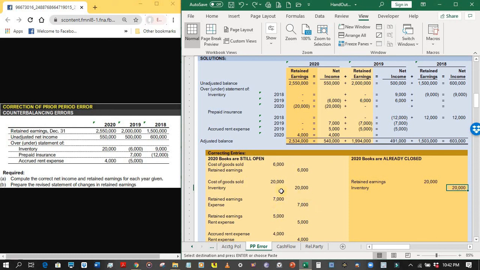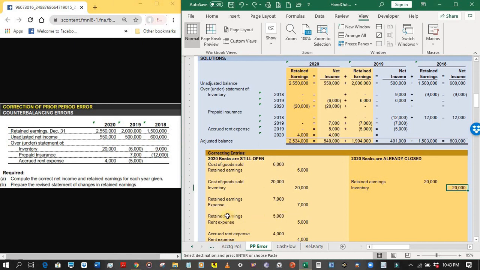That is why the 7,000 is no longer recorded as part of the correcting journal entries when the books are already closed. And that is why in our table, there is no more adjustment on the 7,000 in the retained earnings column for 2020. The next entry is the 5,000 pesos.